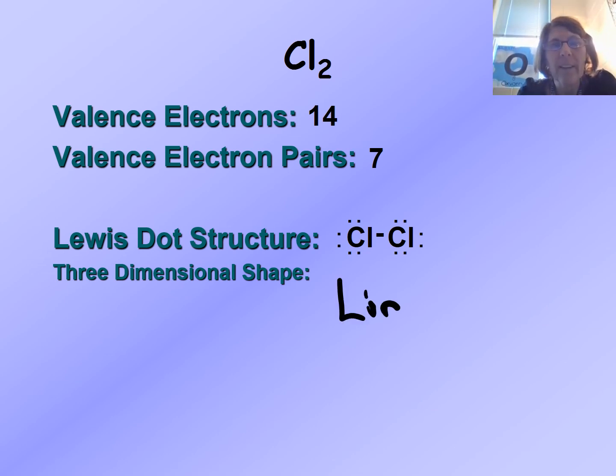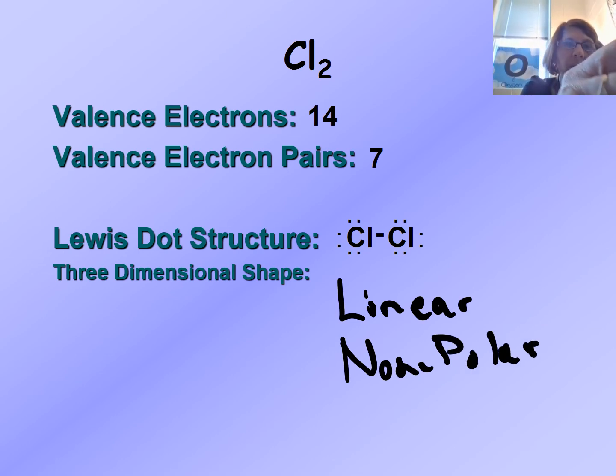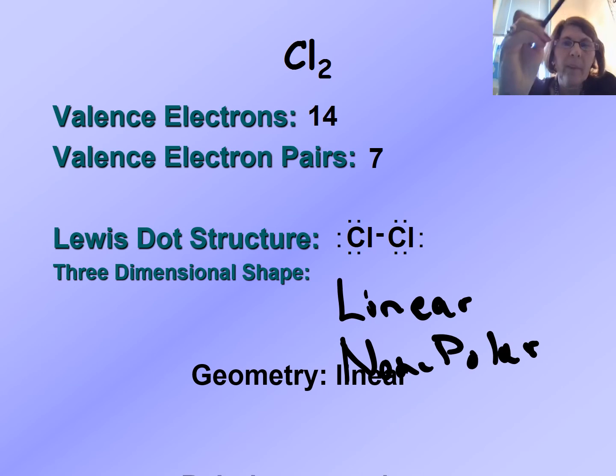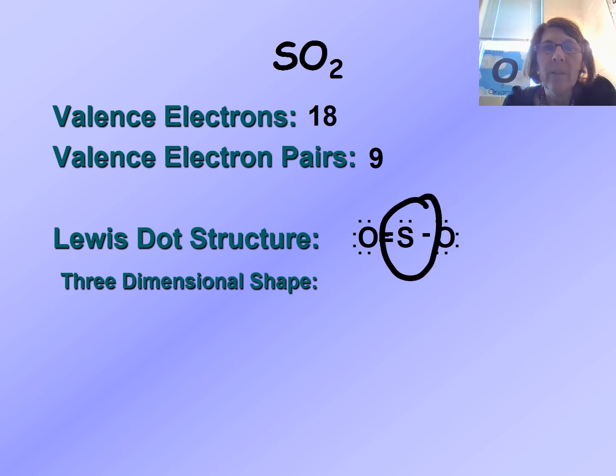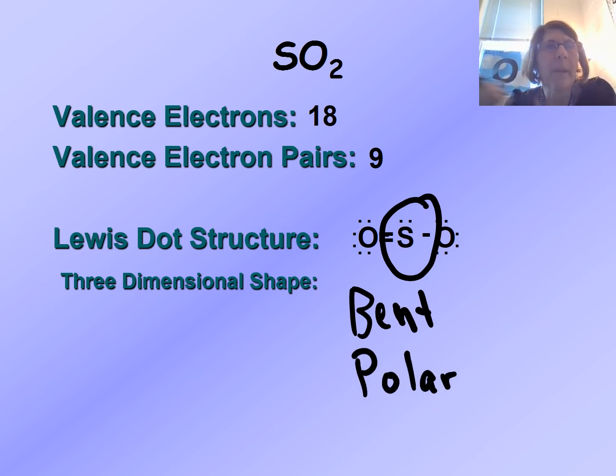We can't do anything except go straight across, and because they're equal on both sides, we're going to say they're nonpolar. Again, we have what we call a lone pair that bends it, and then it's polar because that automatically makes it polar.